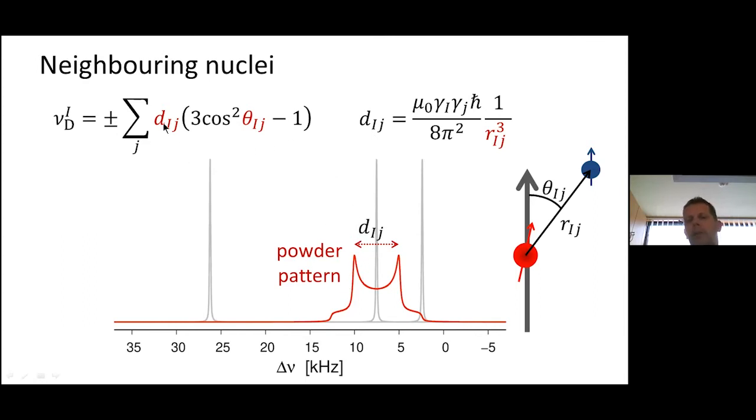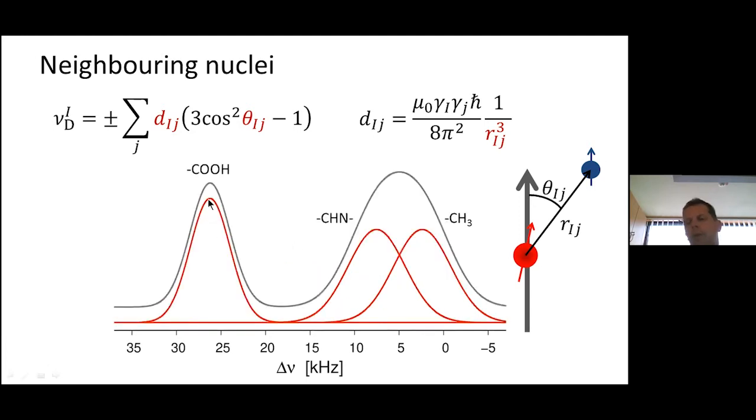Because we have a large sum over many nuclei at different distances, so with different dipolar couplings and with different angles, instead of such a determined line shape, we end up with a broadened Gaussian line shape. And again, of course, this is for all three sites.